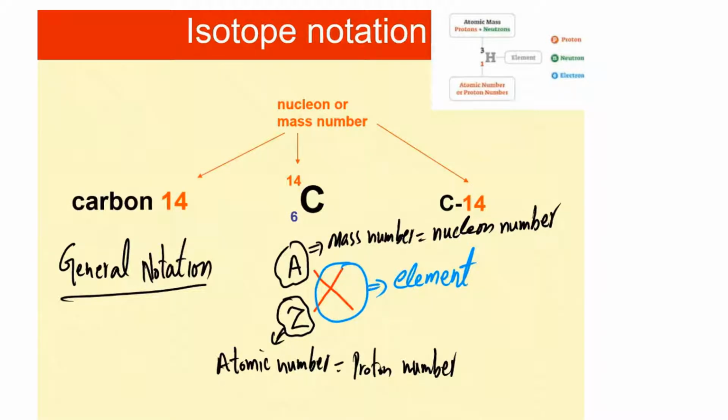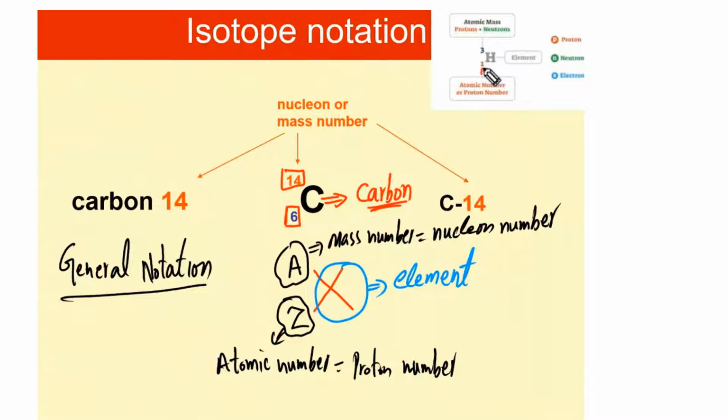Now, if we go back and we check here, you see this is the mass number. This one is atomic number, and this is the symbol for element. In this case, this element is carbon, because C for carbon. You can also see from here, this is for hydrogen.